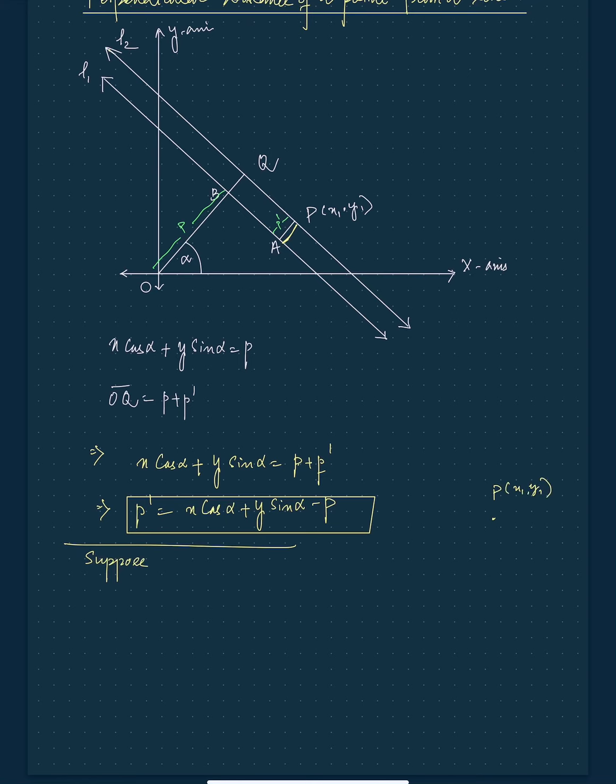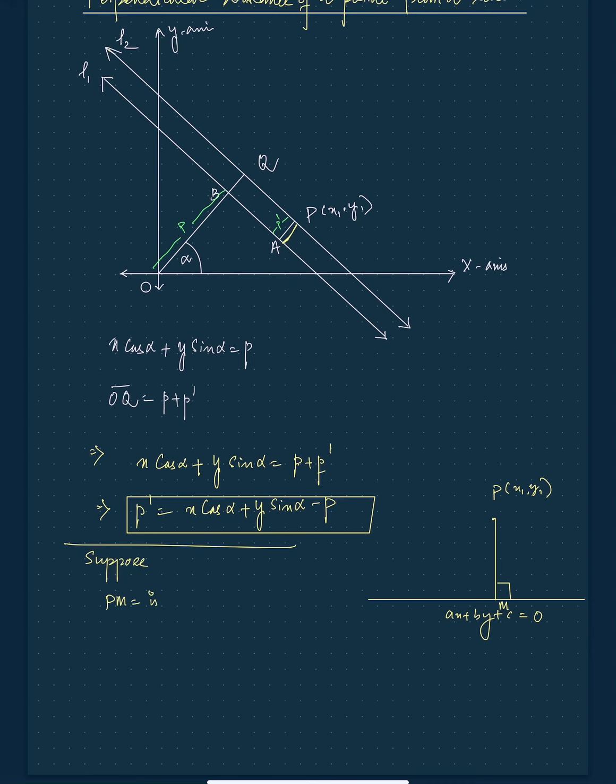And suppose this is another line with equation ax plus by plus c equal to 0, the general form. We need to find the distance from this point to this line. Distance means you draw a perpendicular, and this will be the distance. Suppose I name it PM.